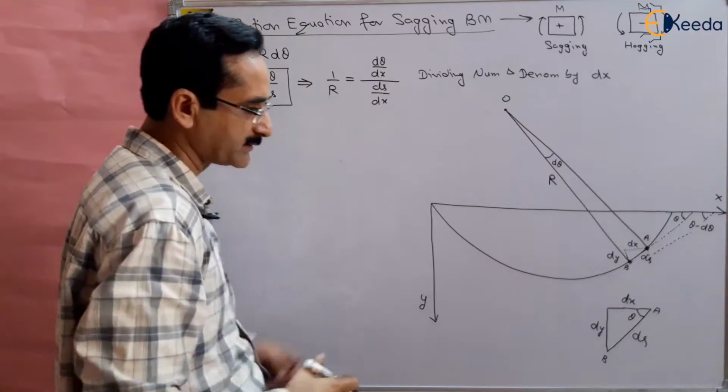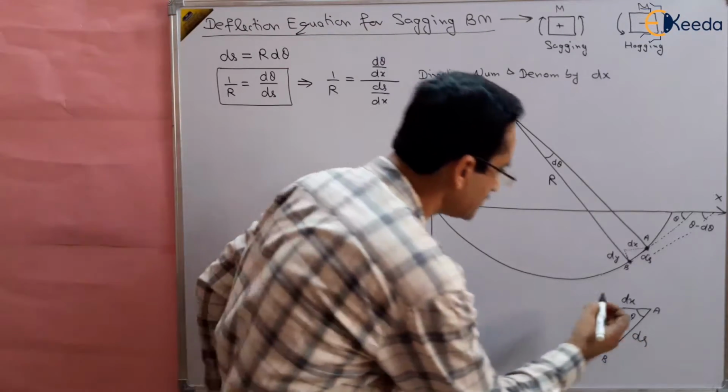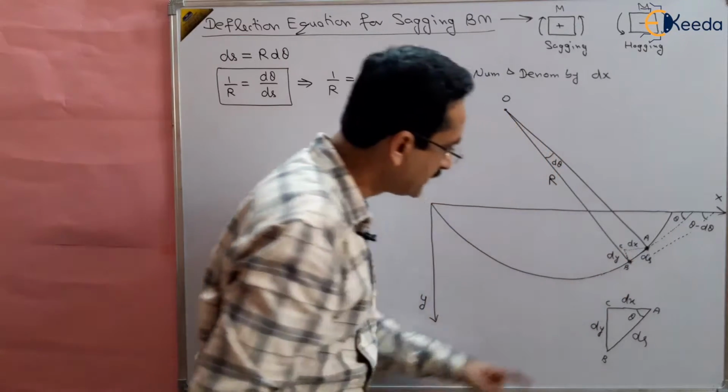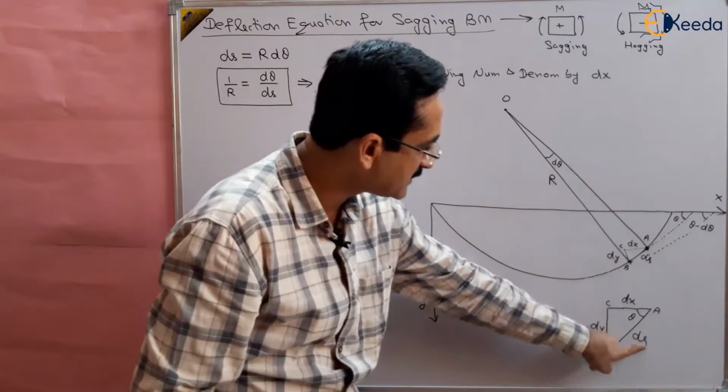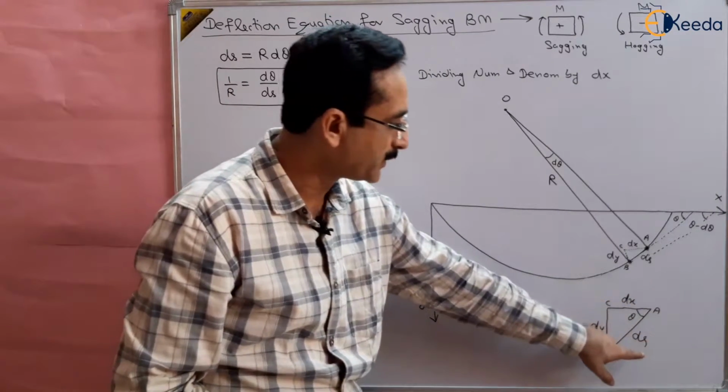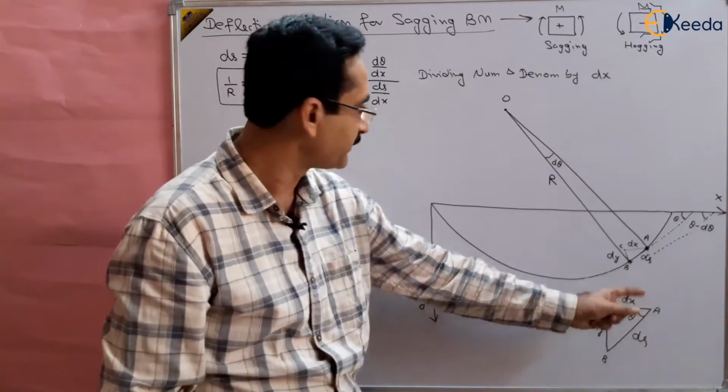What is ds by dx? In this triangle, suppose this is triangle ABC, this point is C. In triangle ABC, ds by dx is hypotenuse upon base. Hypotenuse upon base is secant theta, right?